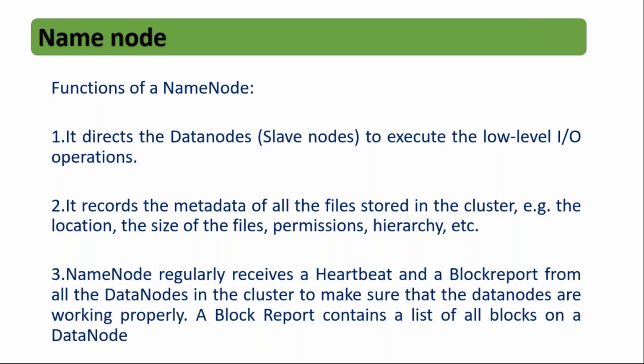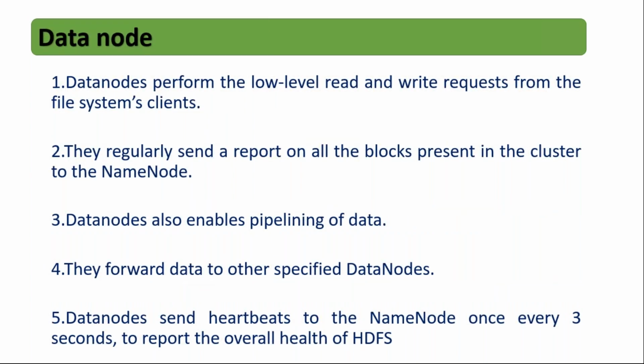Second, it also records metadata, data about data. And the name node will regularly receive a heartbeat from data node and send heartbeat to data node. So there will always be communication between name node and data node.